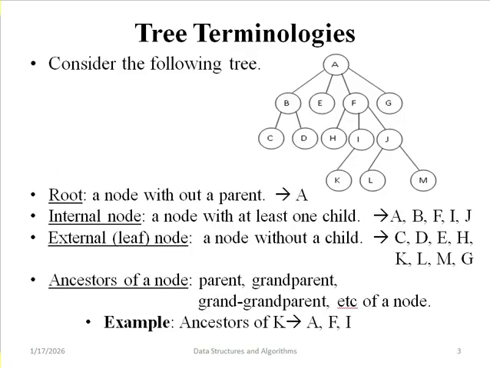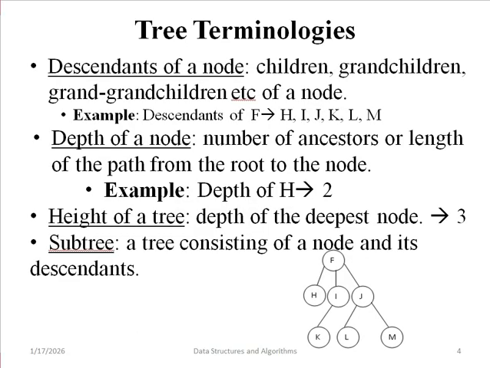So, for example, the descendants of F are H, I, J, then K, L, and M. Those all are the descendants of F.